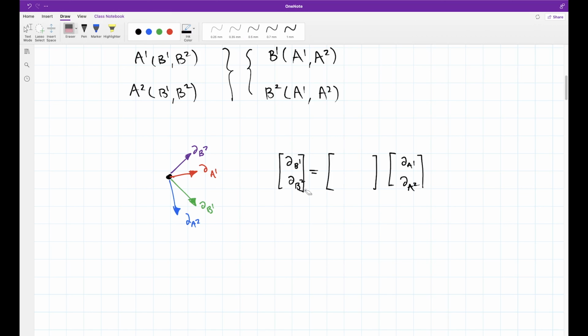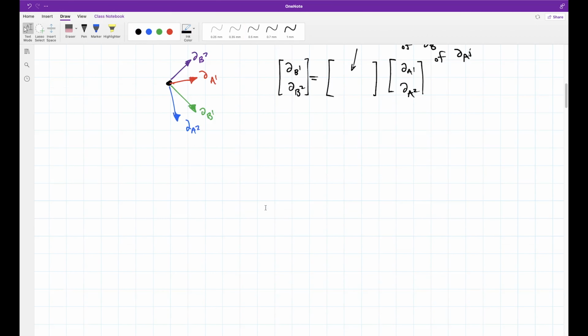And the entries of this 2 by 2 matrix, you could go ahead and find if you knew the components of the partial B1 vector in terms of the two partial A vectors, and the components of the partial B2 vector in terms of the two partial A vectors. So what we need, components of, let's say, partial BK in terms of partial AJ.